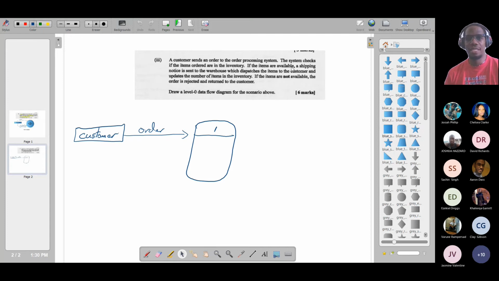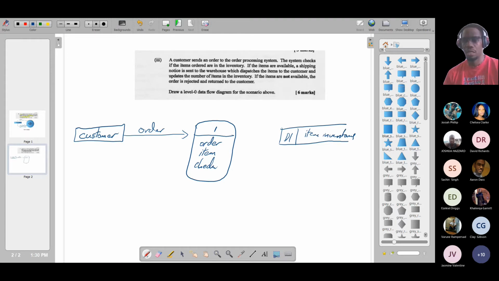And the first thing that we do is that the system checks if any of the items ordered are in inventory. So we want to do an order item check. So this is an order item check. The inventory has to be some sort of data store, right? So we have D1, right? And this is the item inventory, database, if you want to call it that, right?